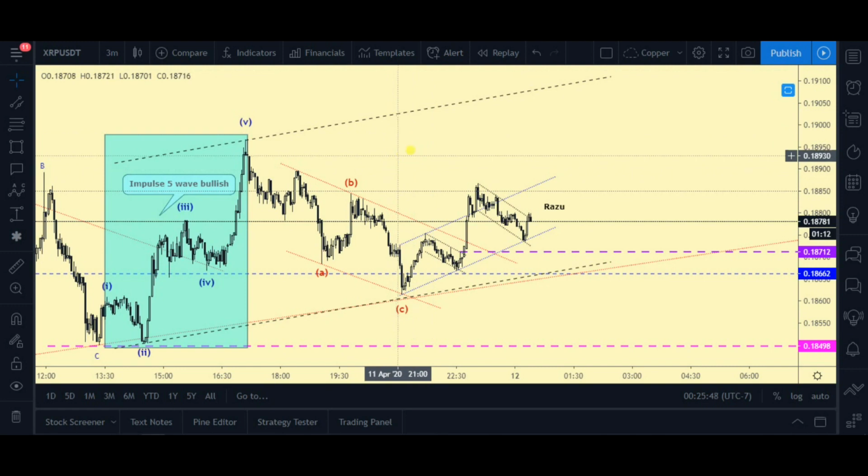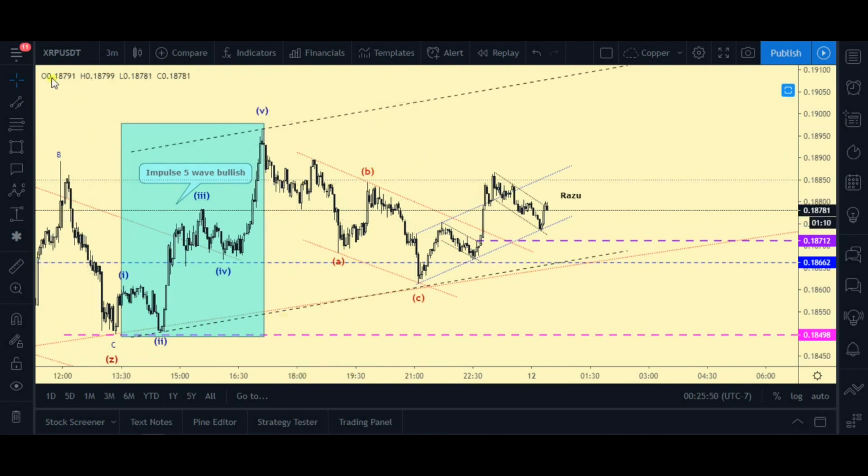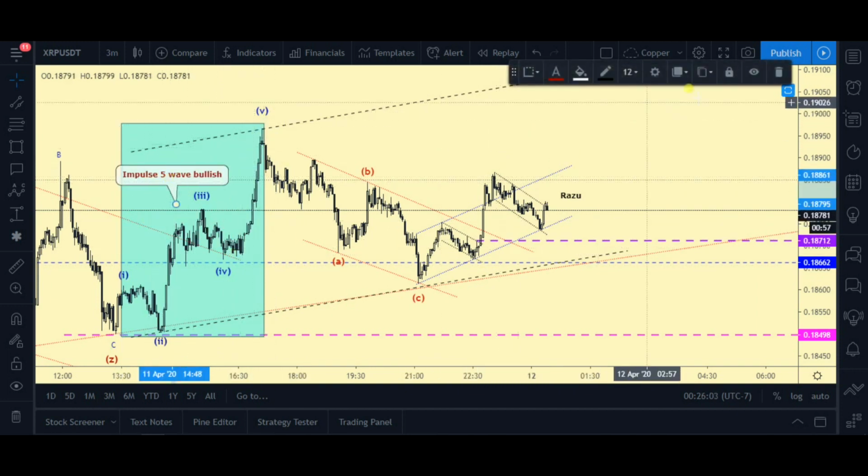So here I'm showing you this XRP 3-minute chart, and we have these 1, 2, 3, 4, and 5 swings. This is a 5-wave impulsive and a bullish signal.